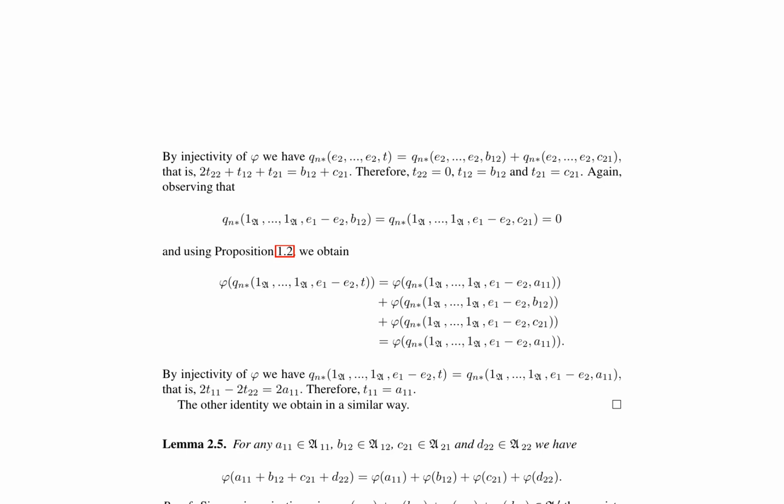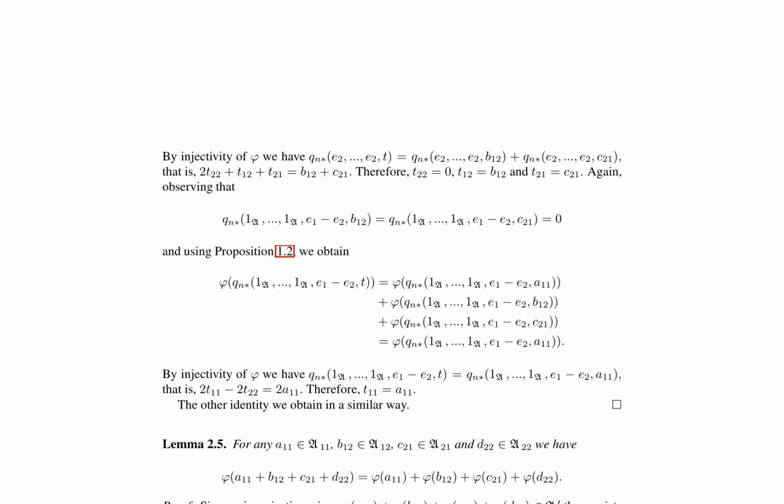We then proceed to prove lemma 2.5, which states that for any A11 in A11, B12 in A12, C21 in A21, and D22 in A22, we have phi(A11 plus B12 plus C21 plus D22) equals phi(A11) plus phi(B12) plus phi(C21) plus phi(D22).